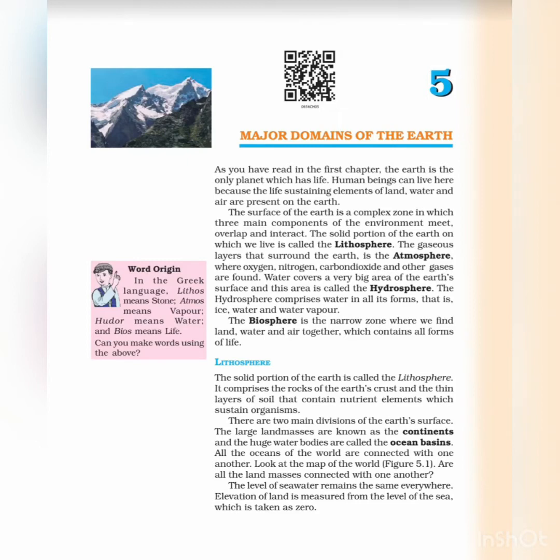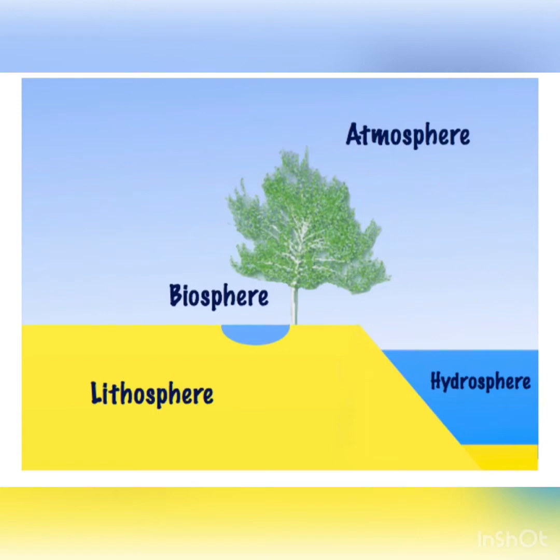Now children, scientists describe the earth in terms of spheres. They are the lithosphere, hydrosphere and atmosphere respectively. Now children, in this image you can see the fourth sphere also, which is known as biosphere. So what is biosphere?